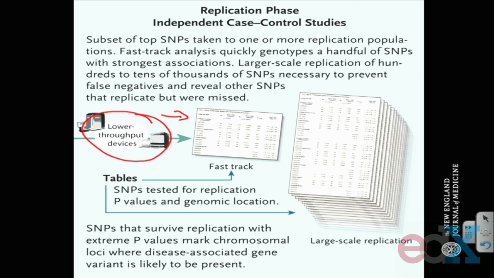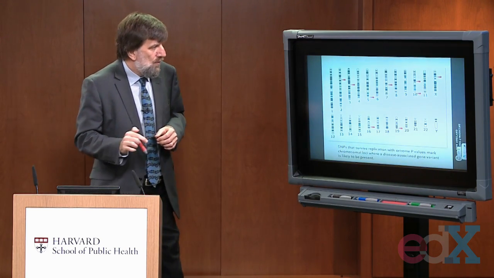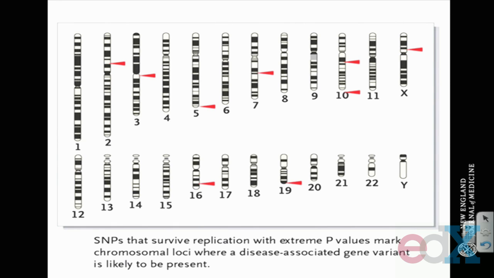And we're looking for variants that replicate, and then we basically wind up with a summary across all of the studies. So we basically fuse the results of the first genome-wide stage with the replication stage. And if we're lucky, we will wind up, represented by the arrows here, with a small number of genetic variants at very specific points in the genome, at which the variant is more common or less common in our series of cases than it is in our controls.